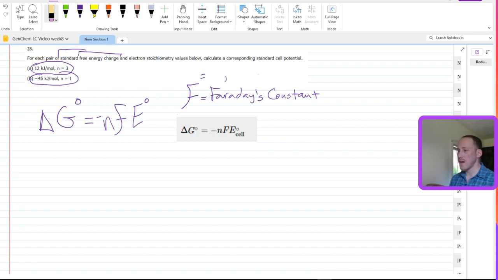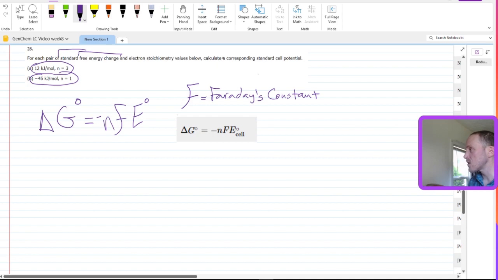I'm totally wrong. I apologize. I just double checked it. I was remembering the correct digits in the wrong order, and I was overconfident. So I really apologize about that. We're going to use this one, 96485. I think I had those digits in the wrong order. Coulombs per mole.